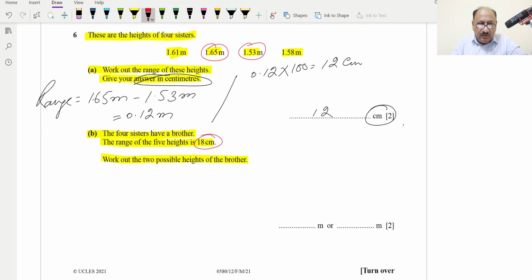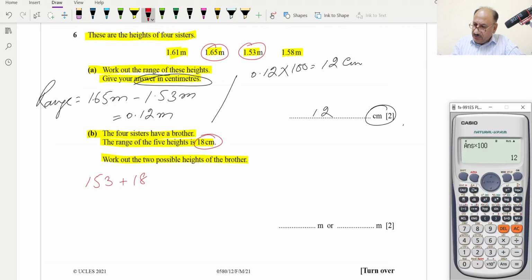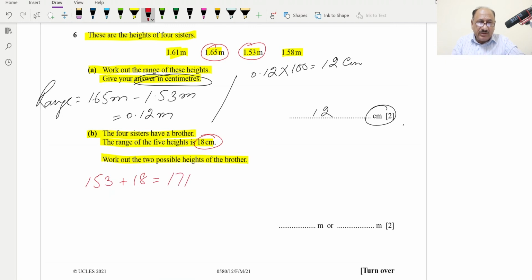So we will take the difference, like it can be 153 plus 18. So 153 plus 18 will be equal to 171, and this will be in centimeters.